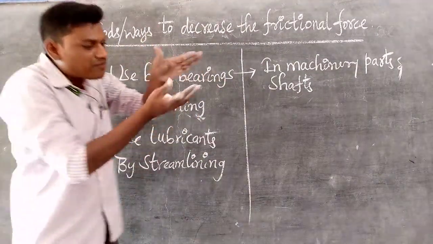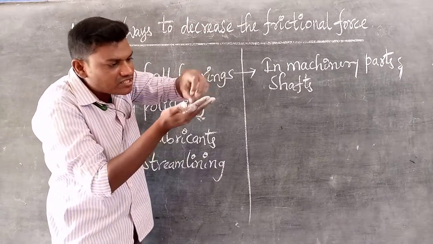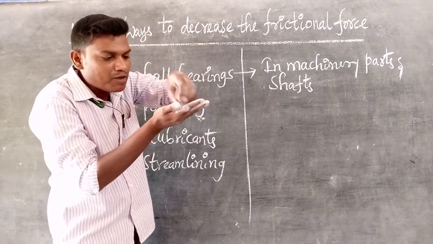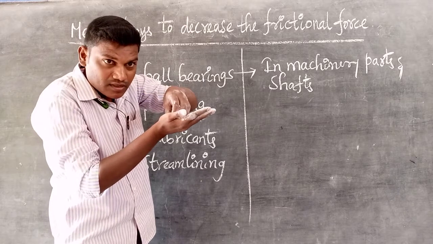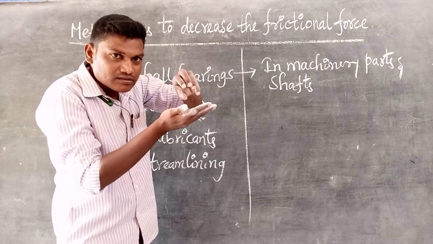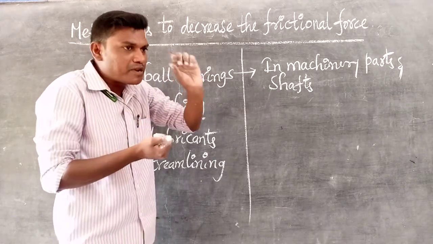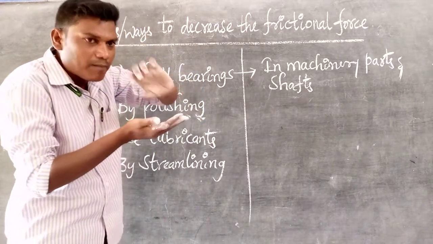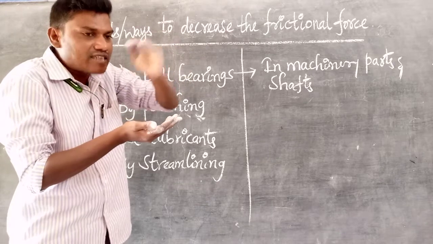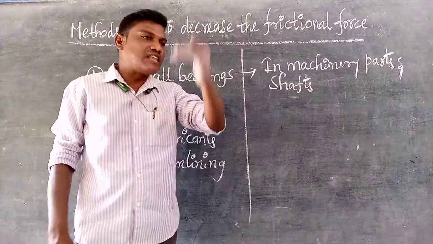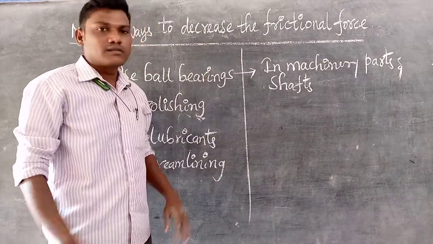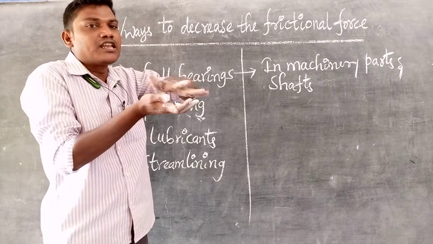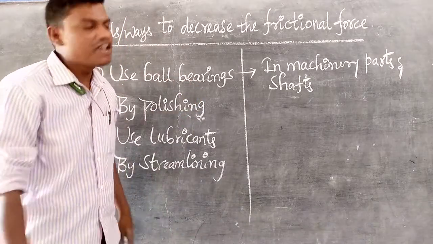Due to that, when you use metallic spherical balls between the two machinery parts, this spherical shape of the metallic parts will convert the sliding friction into rolling friction. That's why the machinery parts or shafts can be easily rotated.